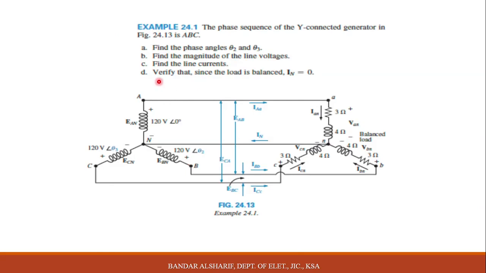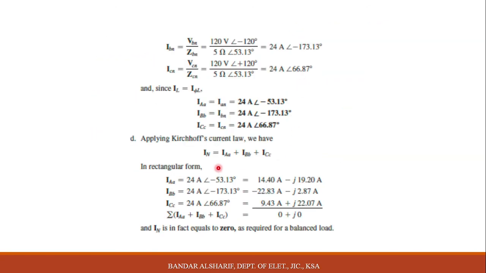Last point, which is D, verify that since the load is balanced, In equals 0. In equals I line A plus I line B plus I line C. If you add them, if you change from phasor form to rectangular form, actually you don't need to change it in the exam. This is only for showing how we get the zero value.